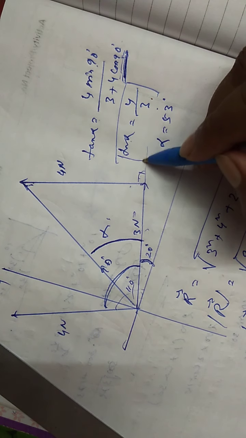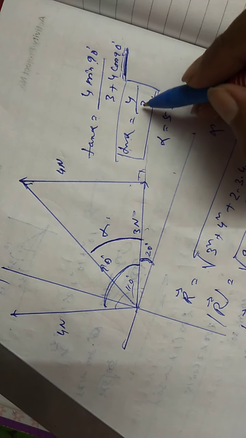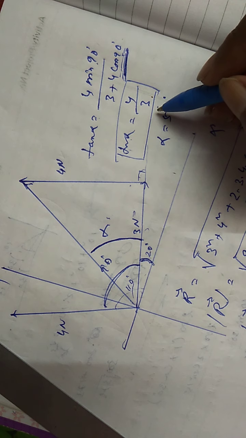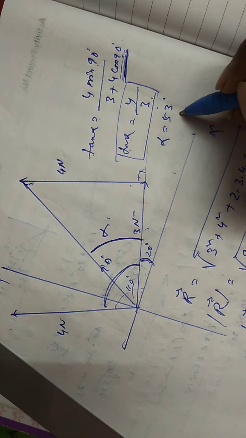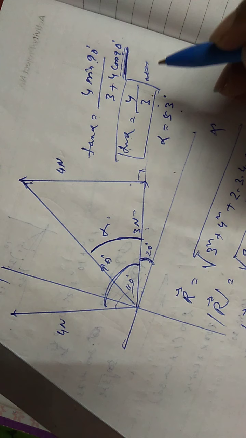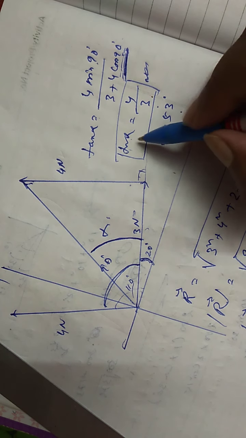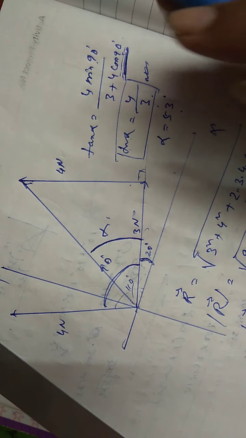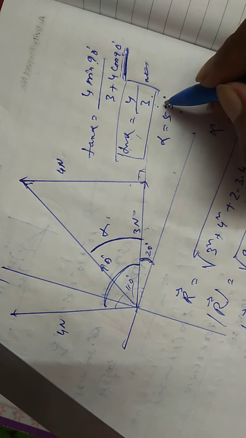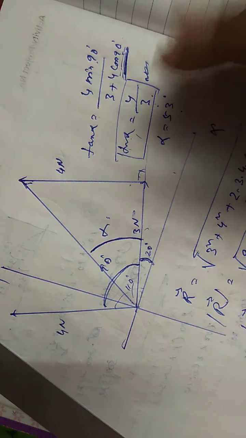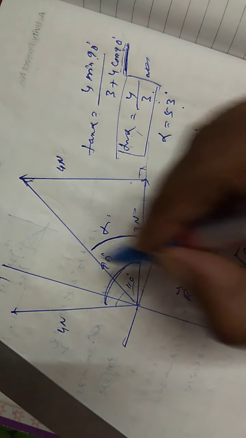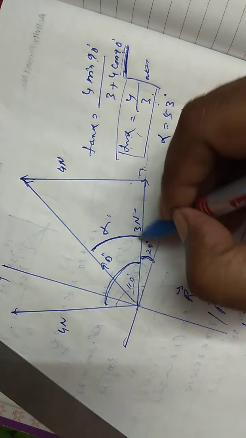We know that if tan alpha is equal to 4 by 3, then alpha is 53 degree. We must remember this, it is a standard thing. And if tan alpha is 3 by 4, it is 37 degree. You remember this. So your alpha is 53 degree.